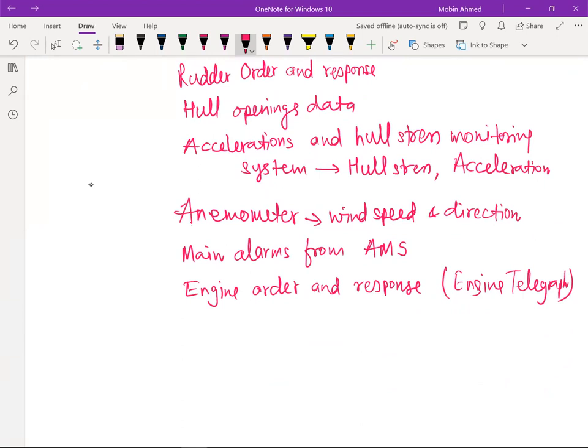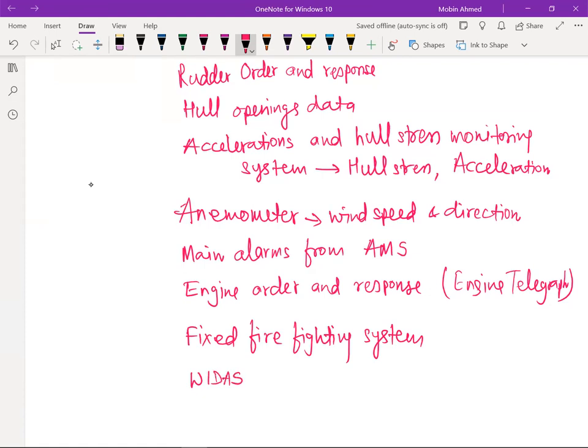Then there is safety. From the safety, we are going to have fixed firefighting systems. Then there is VIDAS.